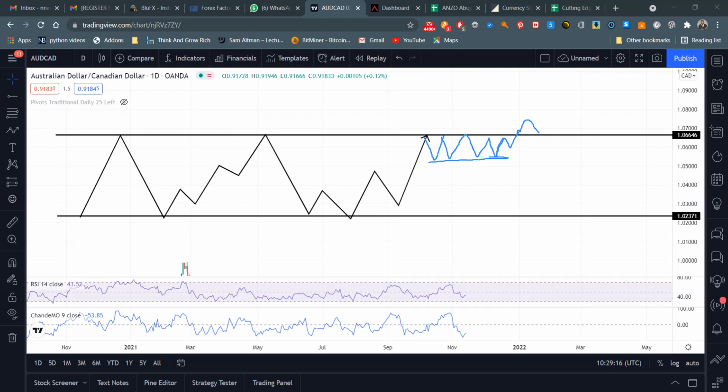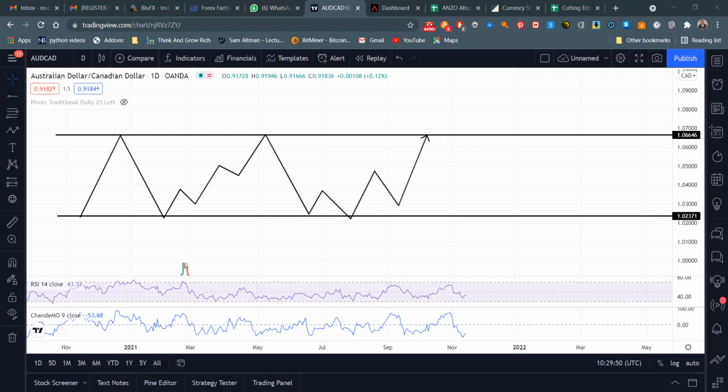Now, when we see this kind of thing happening, especially when we find market structure within this frame, then this could give us some clues, some insight about potential movement. I talked about chart patterns and how to identify them, and those chart patterns might come in handy here, something like the flag pattern or the wedge pattern.